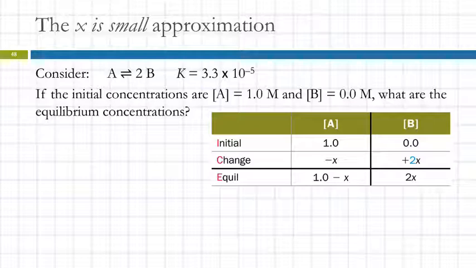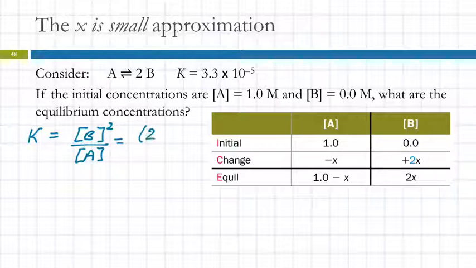So we say the equilibrium constant is equal to B squared over A. In this case, that's going to be the quantity 2x squared divided by 1 minus x. We look at this equilibrium constant, it's very small, meaning the reaction is not going to go very far to the right. We're anticipating that x is going to be small enough that it doesn't really matter.